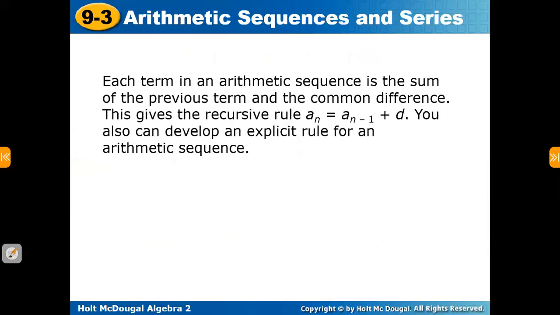Now, what did we understand from solving example 1, finding the next term? Each term in an arithmetic sequence is the sum of the previous term and the common difference.